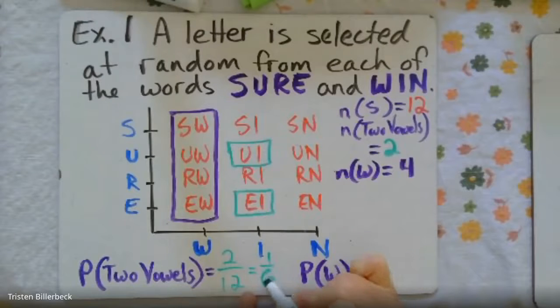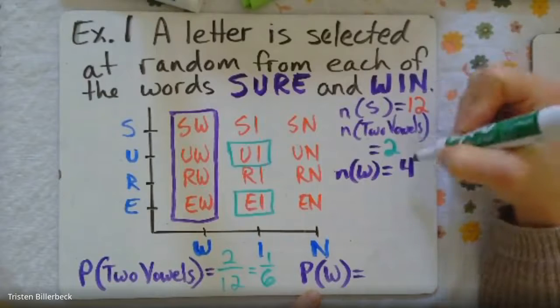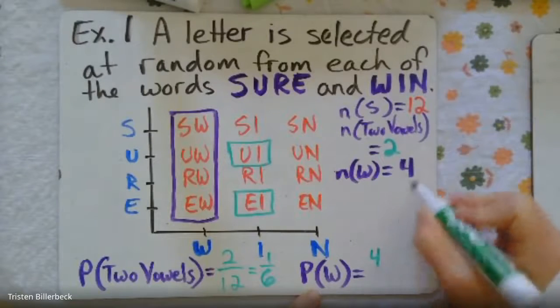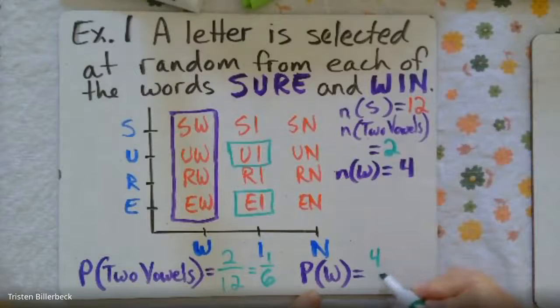We can just leave that as a fraction. The probability of W, well, there's 4 occurrences of W out of 12. So that would be a probability of 1/3.